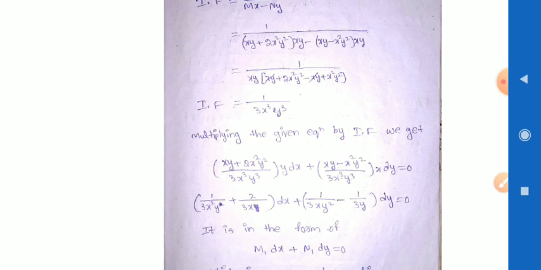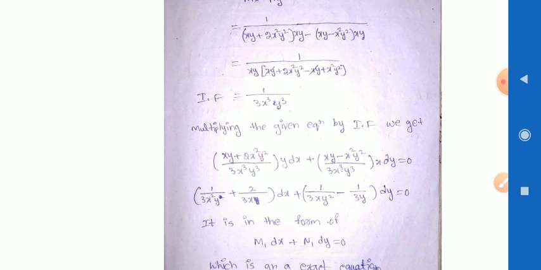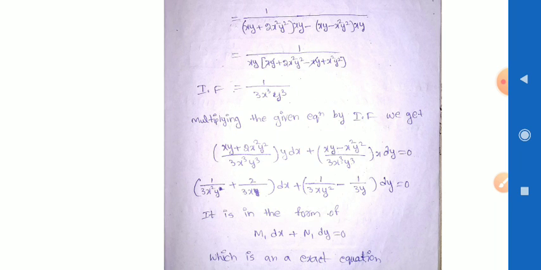The integrating factor is multiplied to the above equation 1, we get (xy plus 2x square y square) by 3x cube y cube into y dx plus (xy minus x square y square) by 3x cube y cube into x dy is equal to 0.